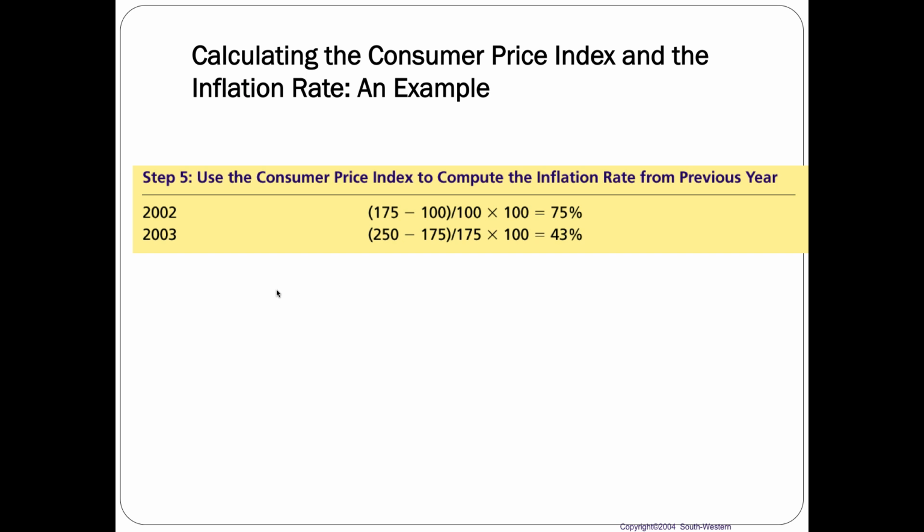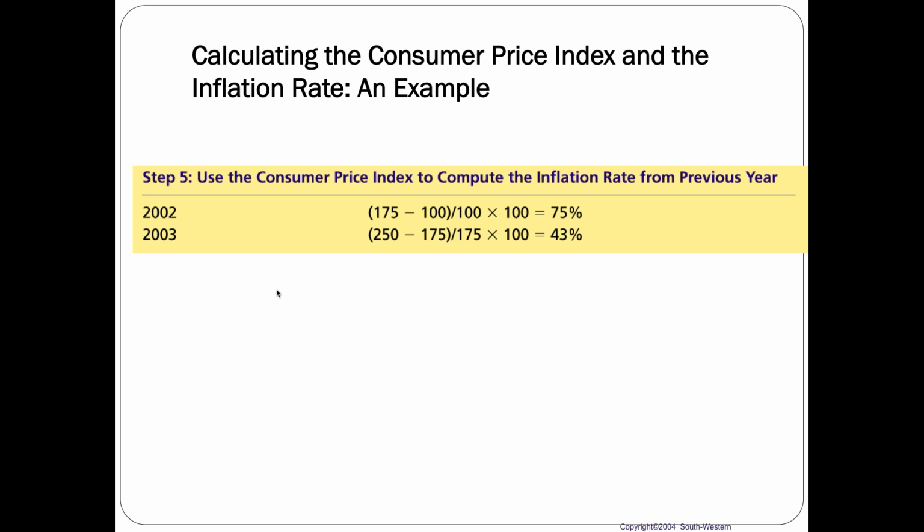So you can see in 2002, your CPI was 175 minus the CPI in 2001, which was 100, divided by the CPI in 2001, which was 100, times 100, and you get 75%. In 2003, you had a CPI of 250 minus the CPI in 2002, which was 175.